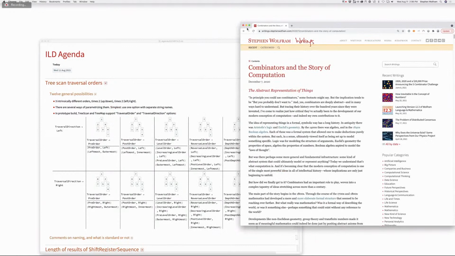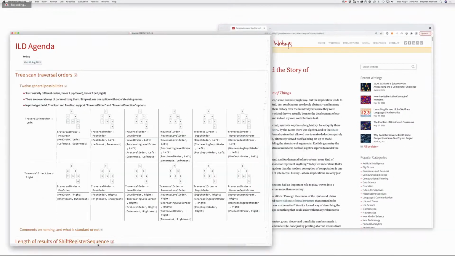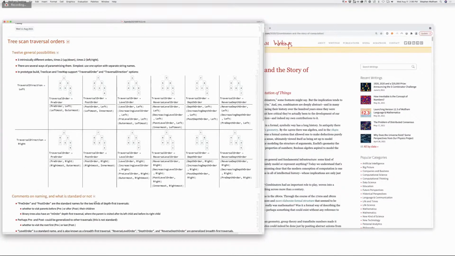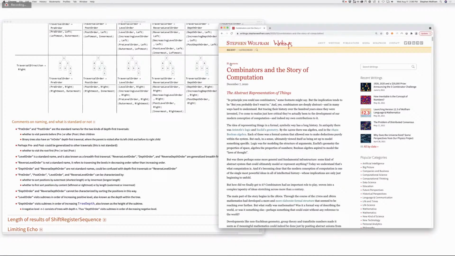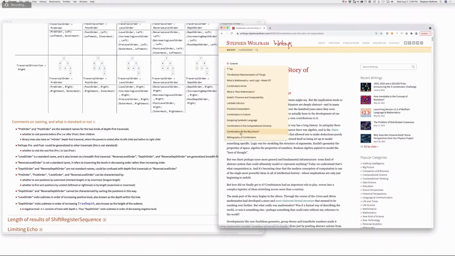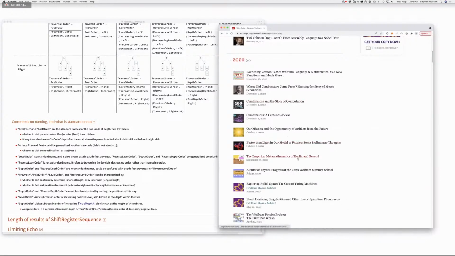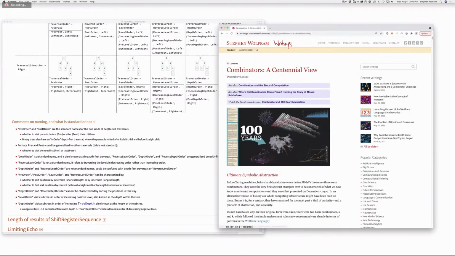Oh, I see. Okay. So the leftmost, outermost, etc. Okay. But let me remind myself how this worked. Oh, wrong post. There we go. That's the right post.